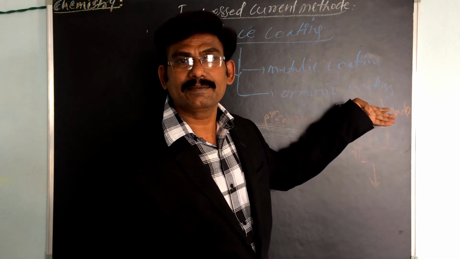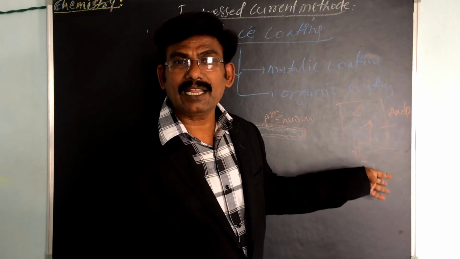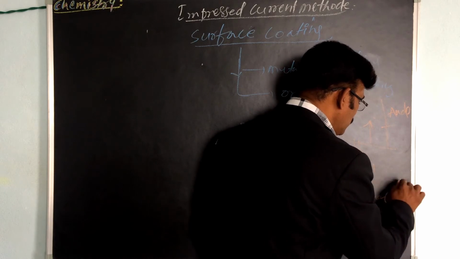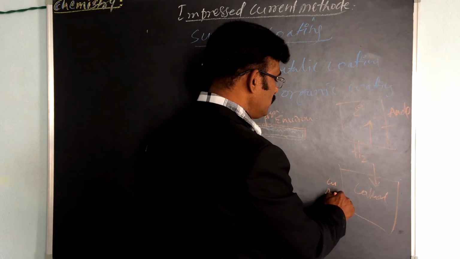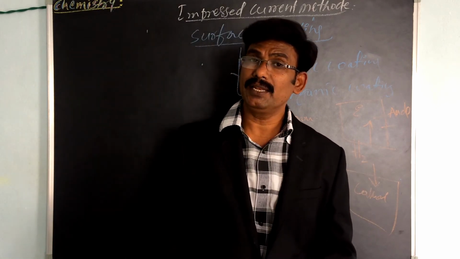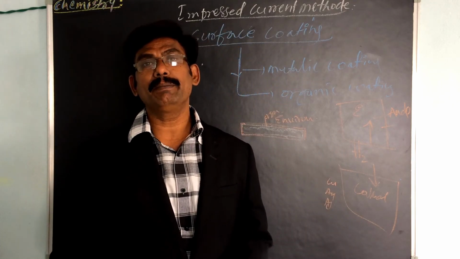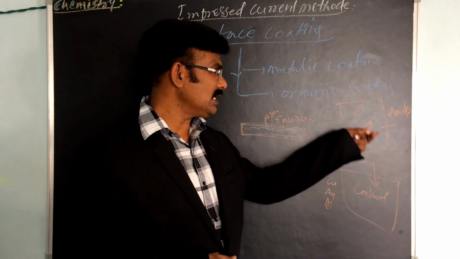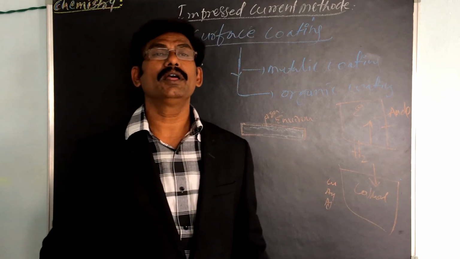The metals which are cathodic to the metal are the metals below in the galvanic series, meaning copper, iron, silver, gold, below the hydrogen. So the metals used for coating may be placed under these two categories. Above is anode, below is cathode. Two things we have to remember.